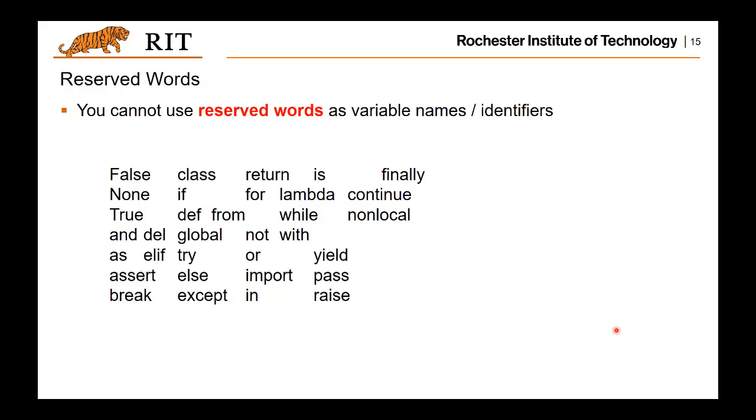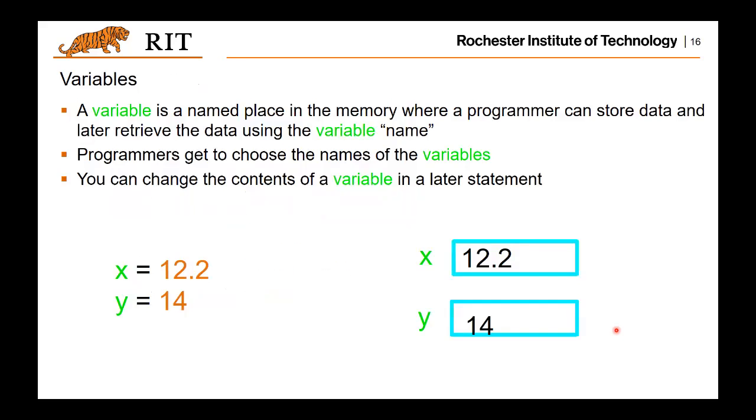Try to avoid these, all right? But typically, X, Y, Z, these are the variable names, right? And for example, here, you have X, which is 12.2, and another variable Y, which is 14.